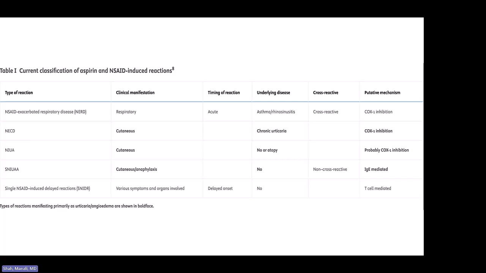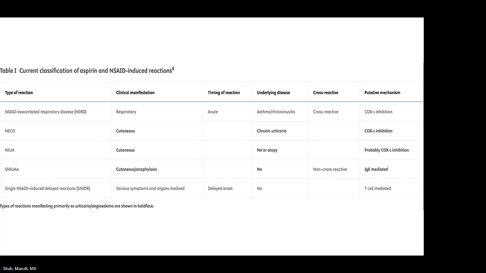With the NSAID-exacerbated cutaneous disease and NSAID-induced urticaria, angioedema, it'll typically be cutaneous symptoms. And then the single NSAID-induced urticaria, angioedema, anaphylaxis can have anaphylaxis symptoms. Again, it talks about the timing of reactions. These are all acute reactions except the delayed one. And then if there's any underlying disease present.